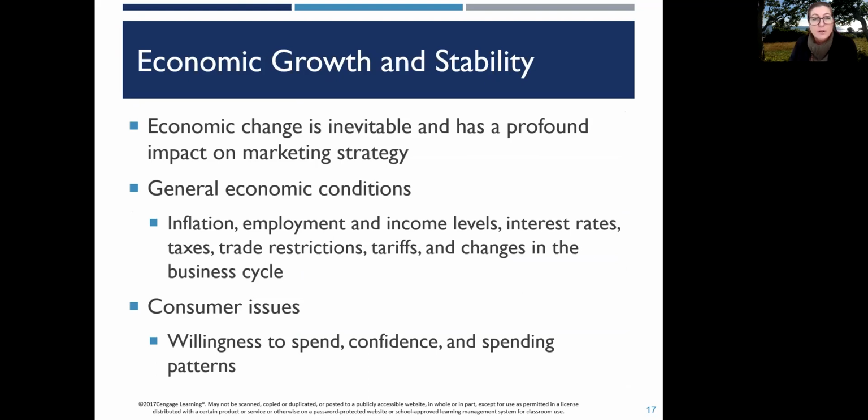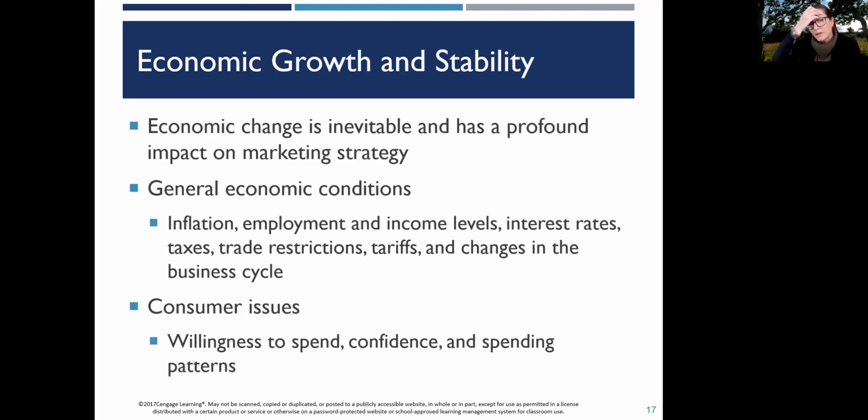Okay, so in the economic macro environment, we're looking for growth and stability. Economic change is inevitable, and this has a profound impact on marketing strategy.